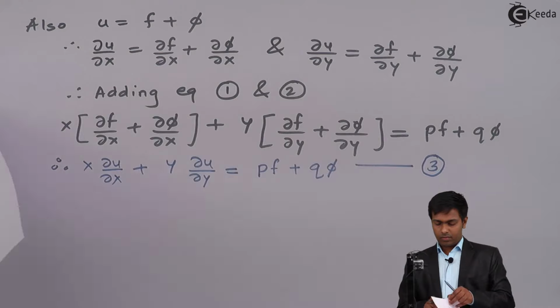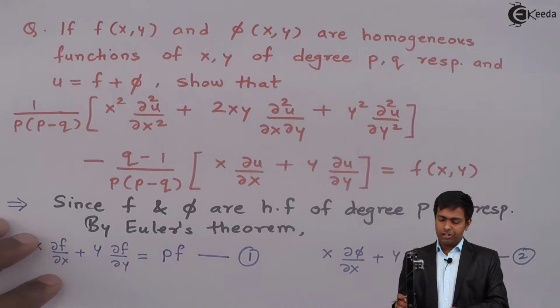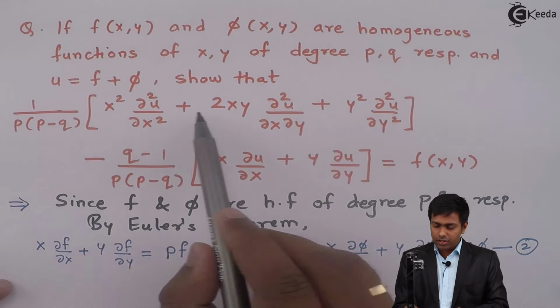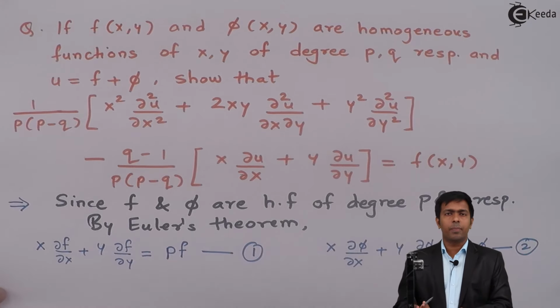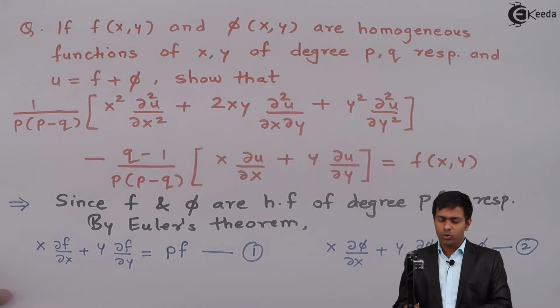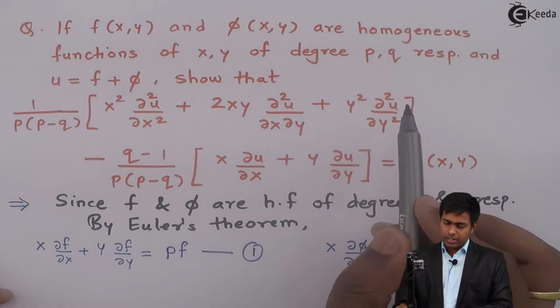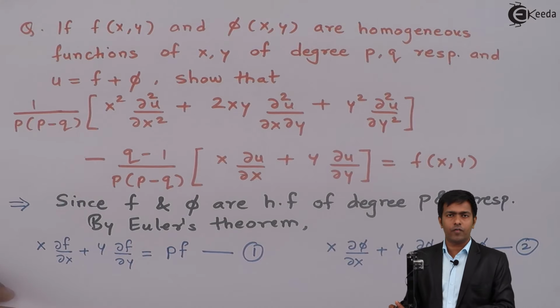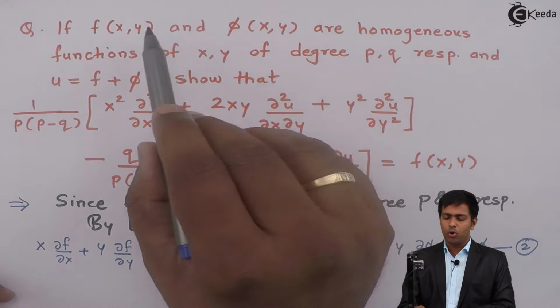Now we got this bracket. Now to get the other bracket we have to apply the corollary of Euler's theorem. So since these two functions are homogeneous functions, we can apply the corollary of Euler's theorem for both these functions.